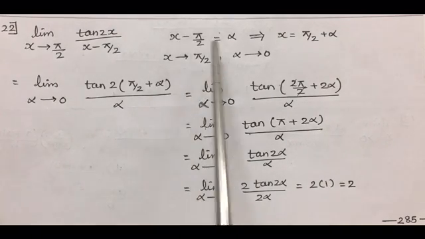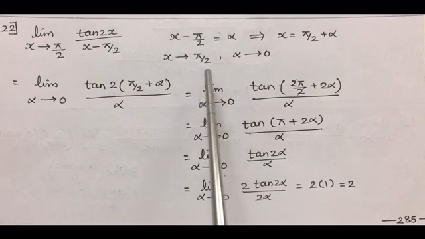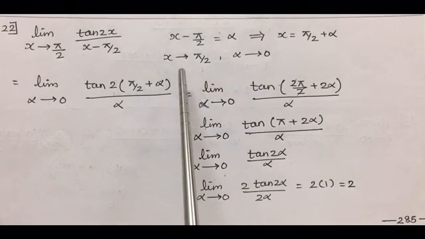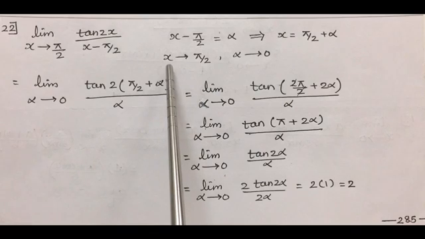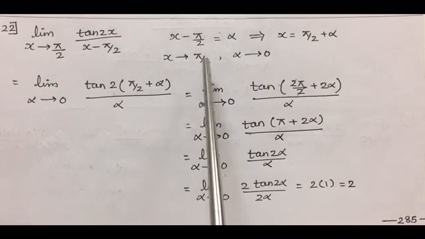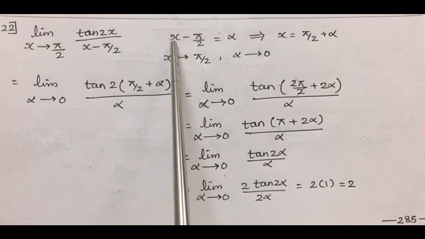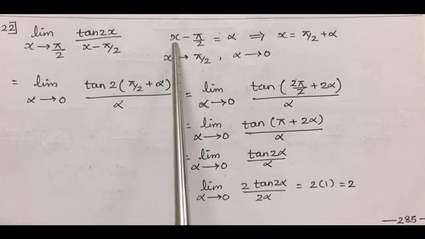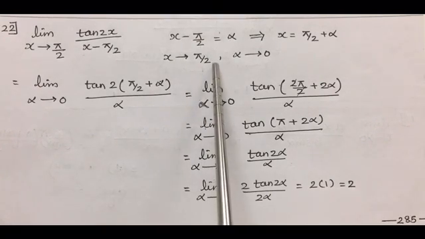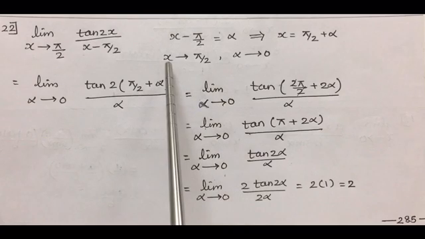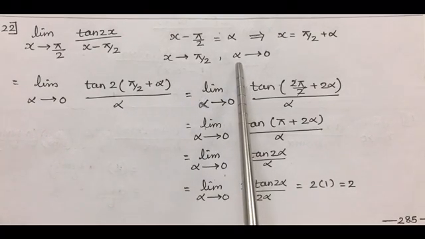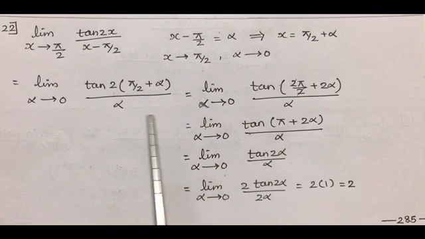Now as x is converted in terms of alpha, the limits will also change. X tends to pi by 2. Now keeping here x as pi by 2, we'll get pi by 2 minus pi by 2 as 0. So if x is tending to pi by 2, alpha will tend to 0.